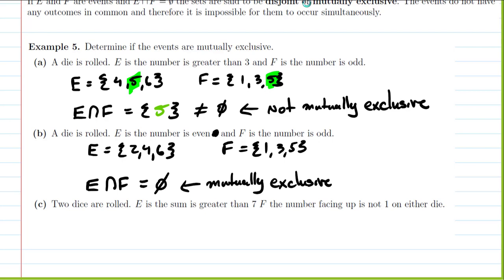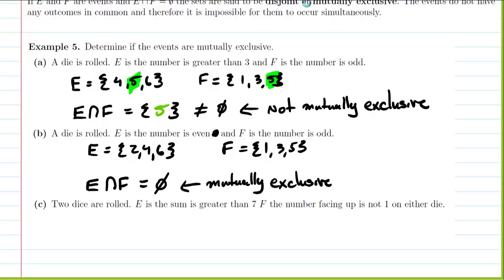All right, let's take a look at our next example. Two dice are rolled. E is that the sum is greater than 7. F is that the number facing up on either die is not 1.